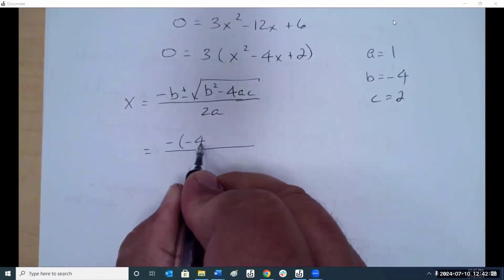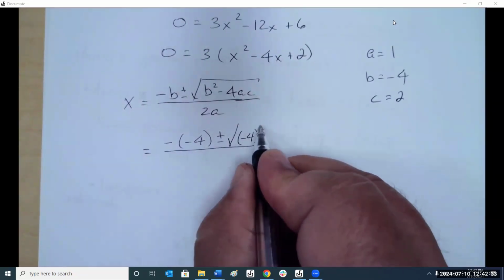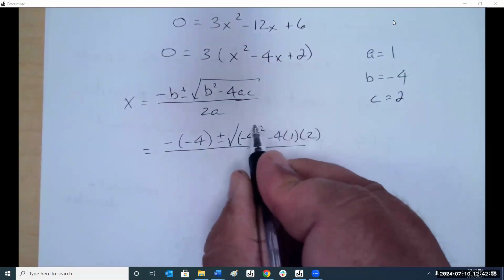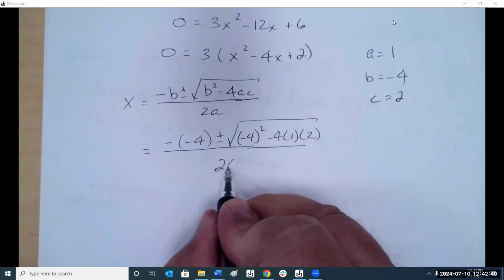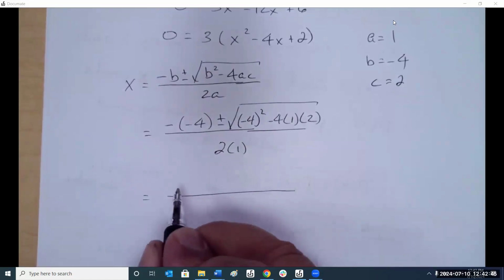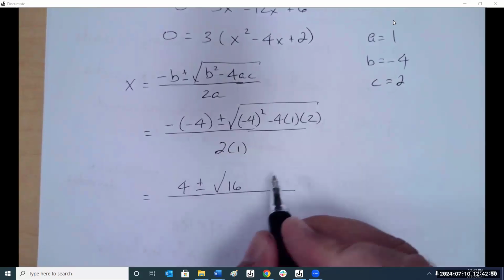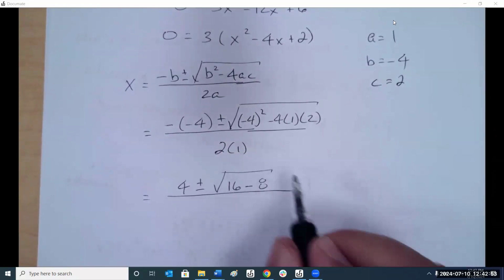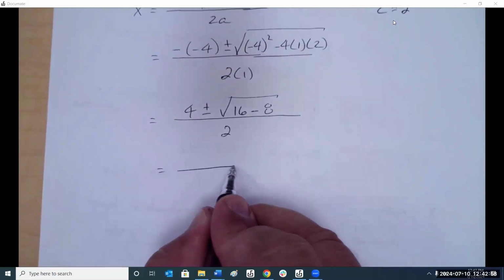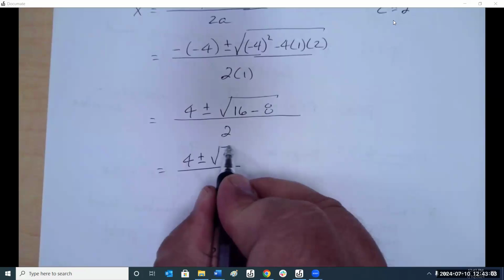Negative of -4, -4 squared, 4 times 1 times 2. -4 squared is 16 minus 8. 4 plus 16 minus 8 is 8.